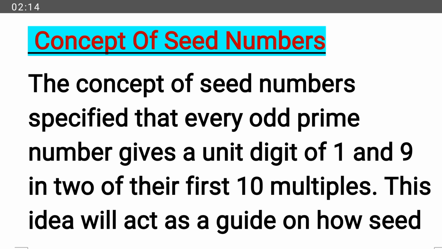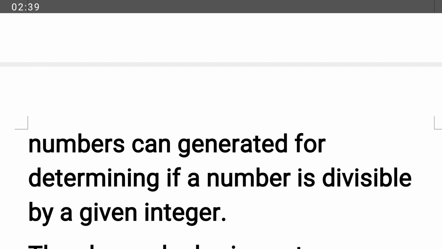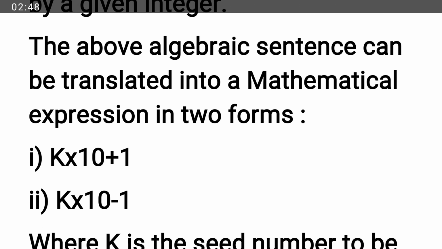What it simply means is that once you multiply two odd prime numbers together, in most cases their unit digit will be 1 or 9. This idea will guide us on how seed numbers can be generated for determining if a number is divisible by a given integer.